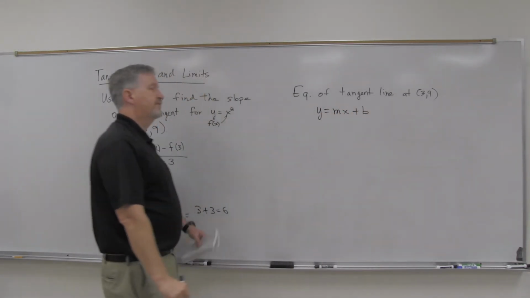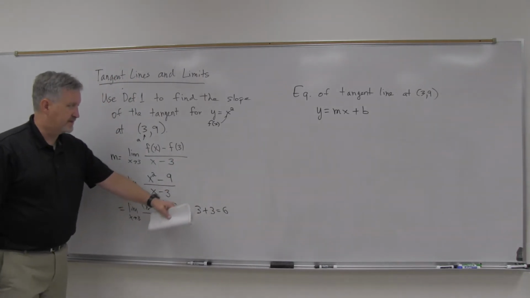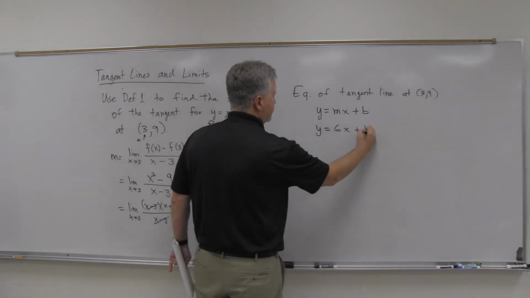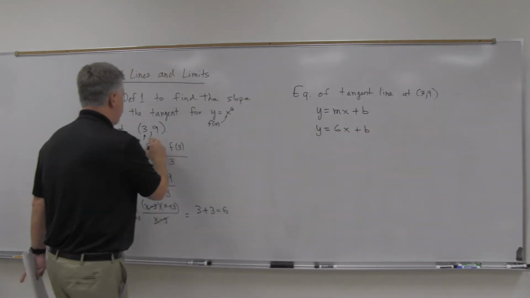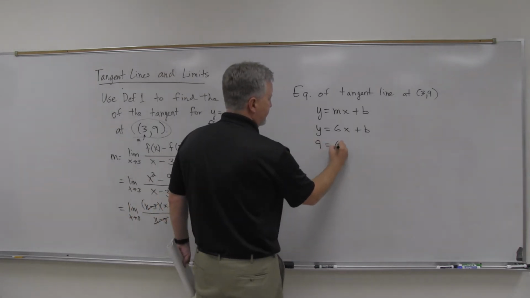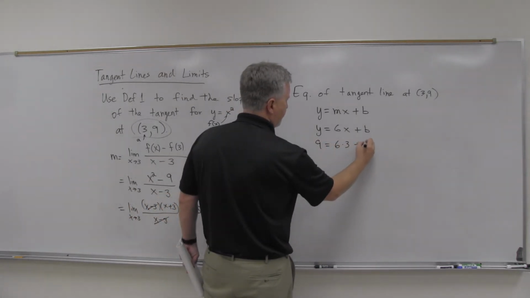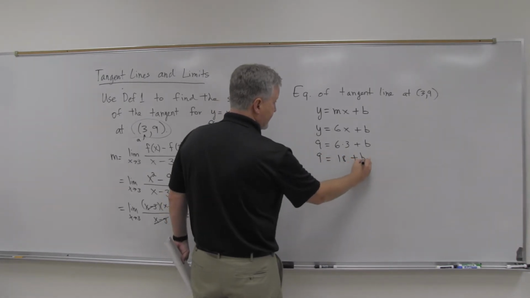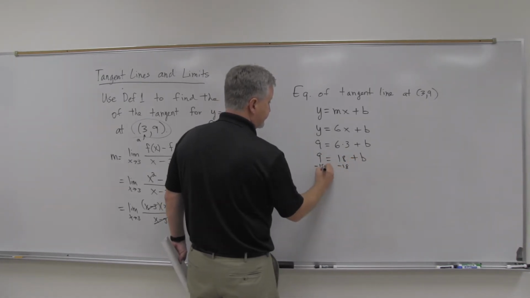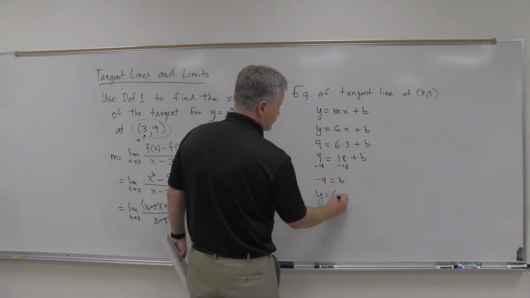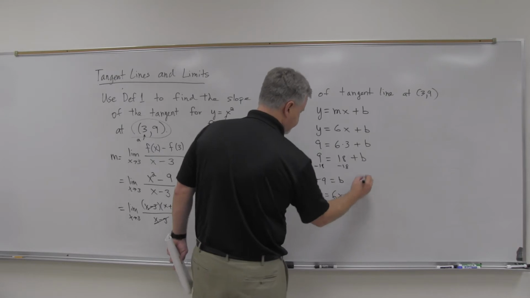Because I now know the slope of the tangent line at 3, 9 is 6. So we've got y equals 6x plus b. And then we can plug in our x and y, which is 3, 9. Y is 9, and x is 3. And that allows me to find the b. And that would be -9 is b. So we've got y equals 6x minus 9.